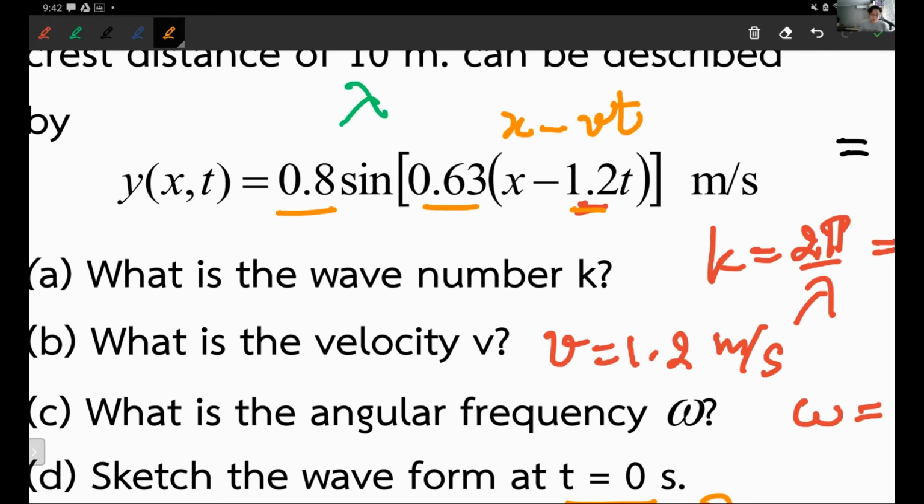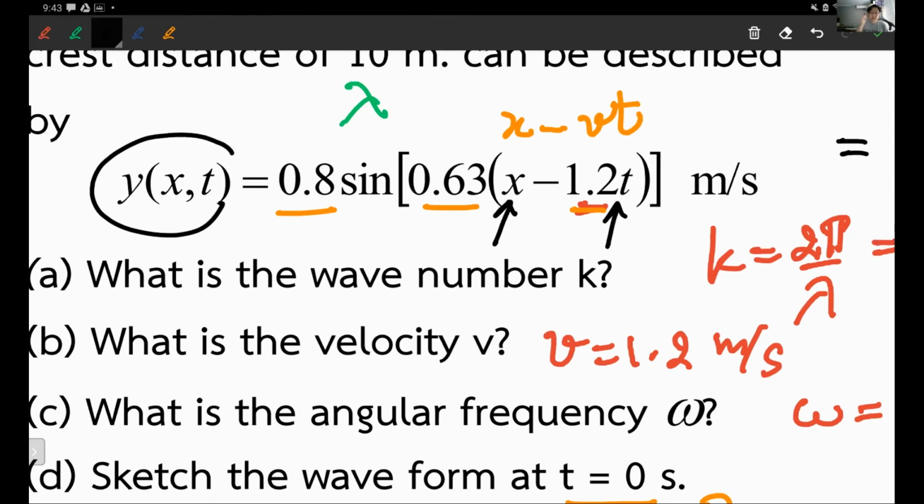But you haven't talked about the value of this whole thing on the left yet. And that is the last information that you can get out of this line. What is this? What is the y of x,t? Well, it is the vertical displacement, because right now we are focusing on the transverse wave. So whenever you plug in the x, you plug in the t, you're going to get one number from this.